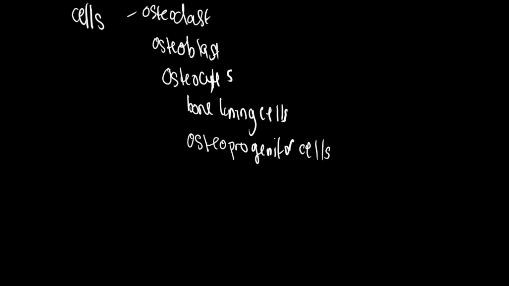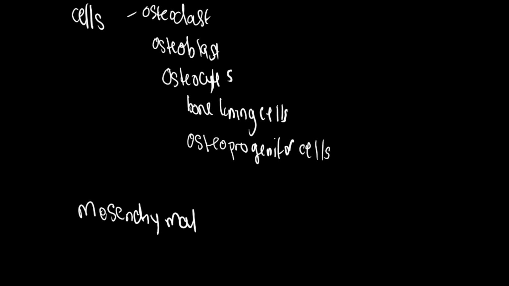We would consider each of these cells very briefly, one after the other. It's important for us to take note of the fact that all of the cells that we have considered so far originate from the embryonic connective tissue, so that's the mesenchymal cells. When we consider connective tissues, we would see that connective tissues develop from the embryonic connective tissue cells, which are called mesenchymal cells.